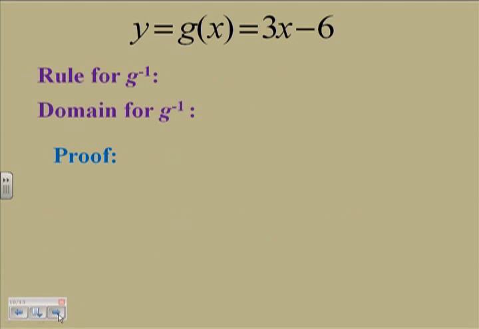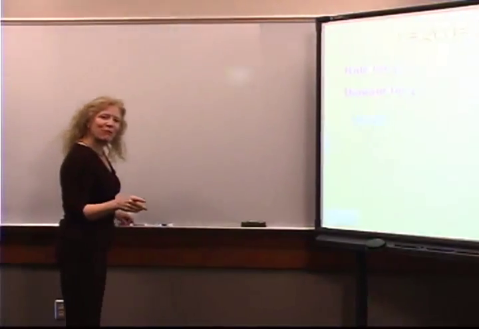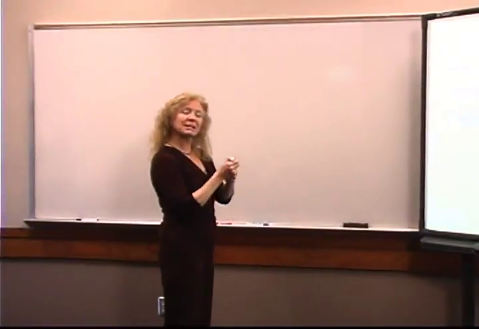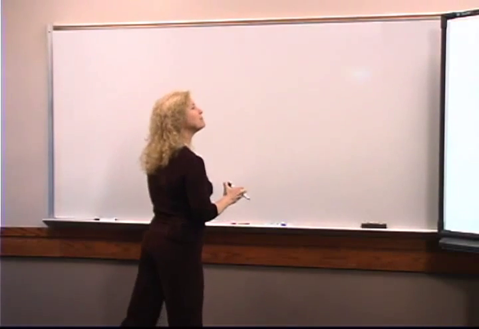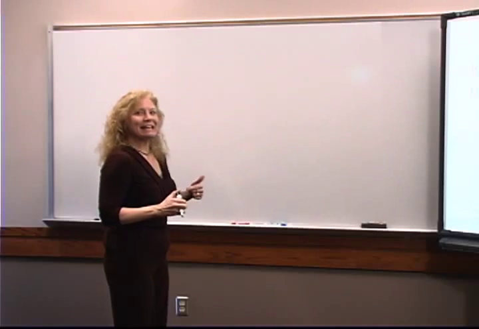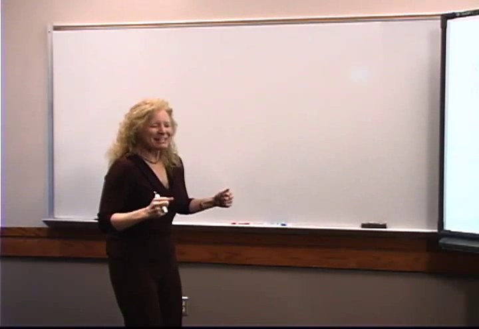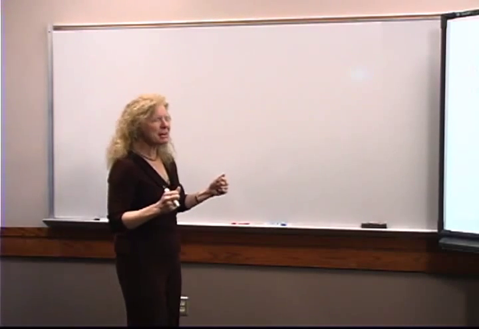So let's first look at our linear function y equals g of x, and that's 3x minus 6. And what I'd like to do is get the equation, which I often call the rule for the inverse. Now, chances are, if you've ever done this before, you probably remember, because it's one of those things that tends to stay in people's minds. You might say, switch the x's and y's, I know what to do here.